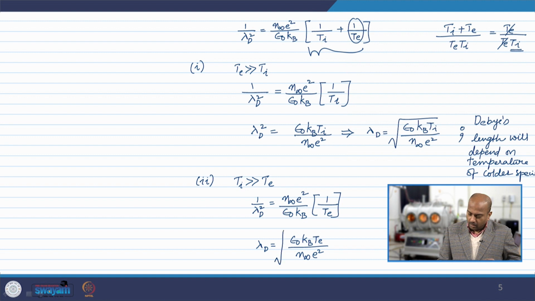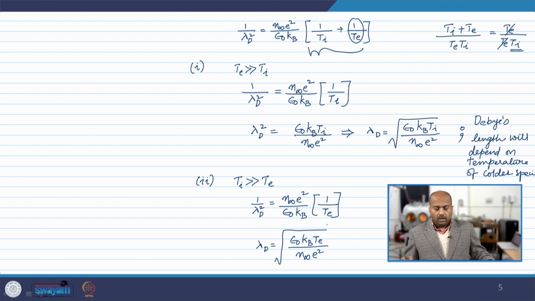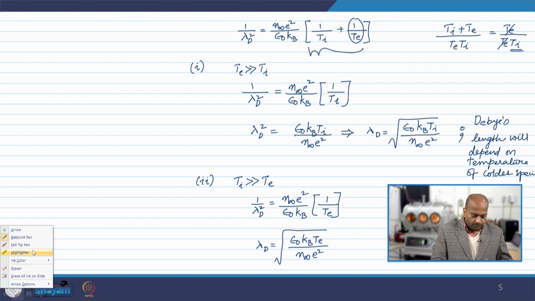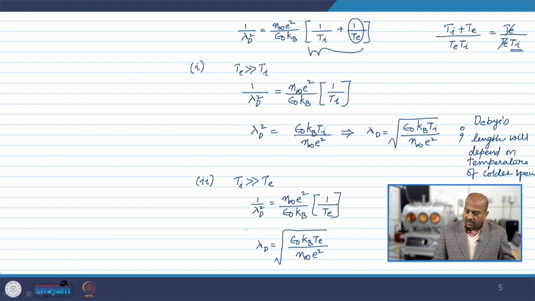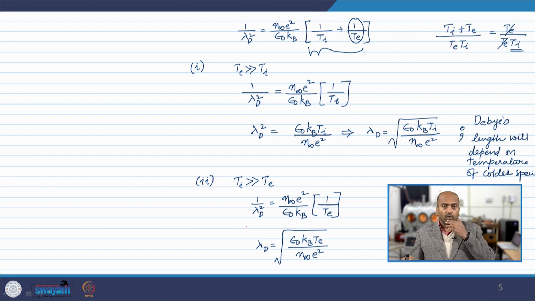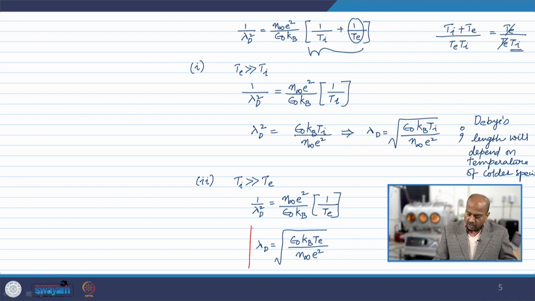Now, you see these two expressions are telling a simple fact: the Debye length is not the same in both situations.